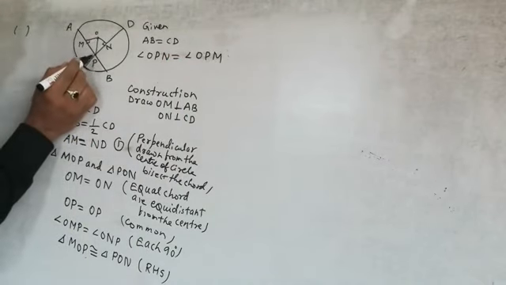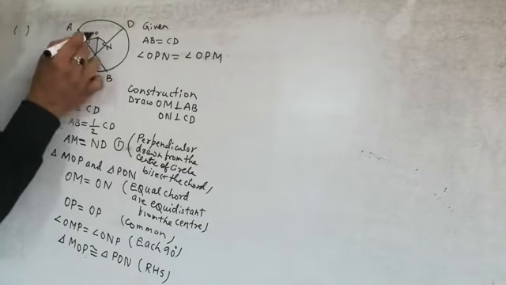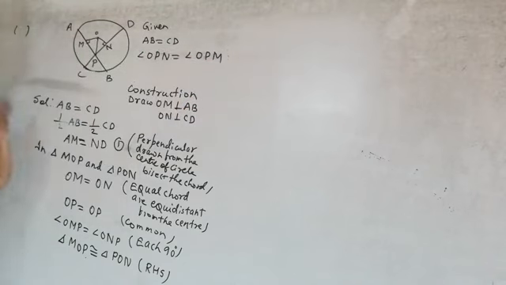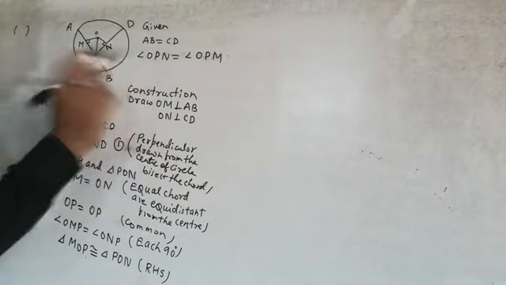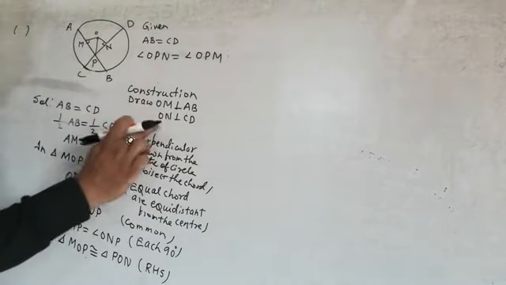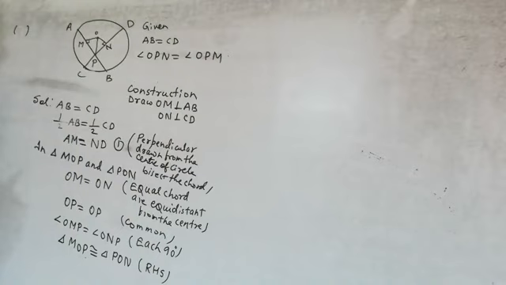They intersect at P, and from P they make equal angles. So we have to prove that OPM and OPN are equal to each other. This is a very simple question. So write the same construction step: draw OM perpendicular to AB and ON perpendicular to CD.